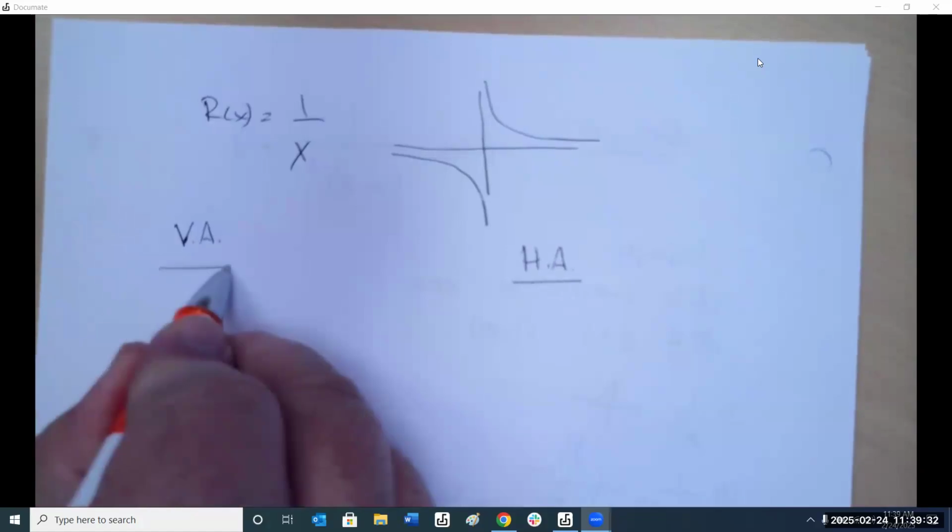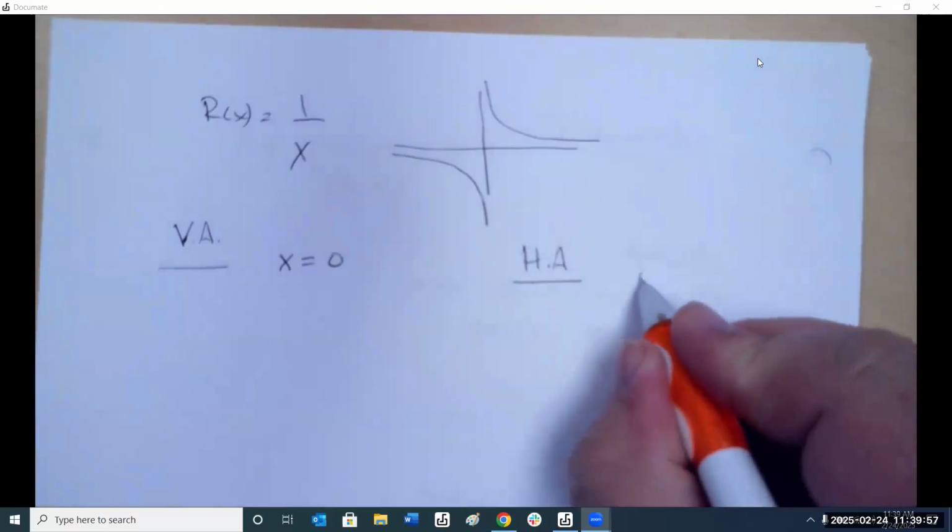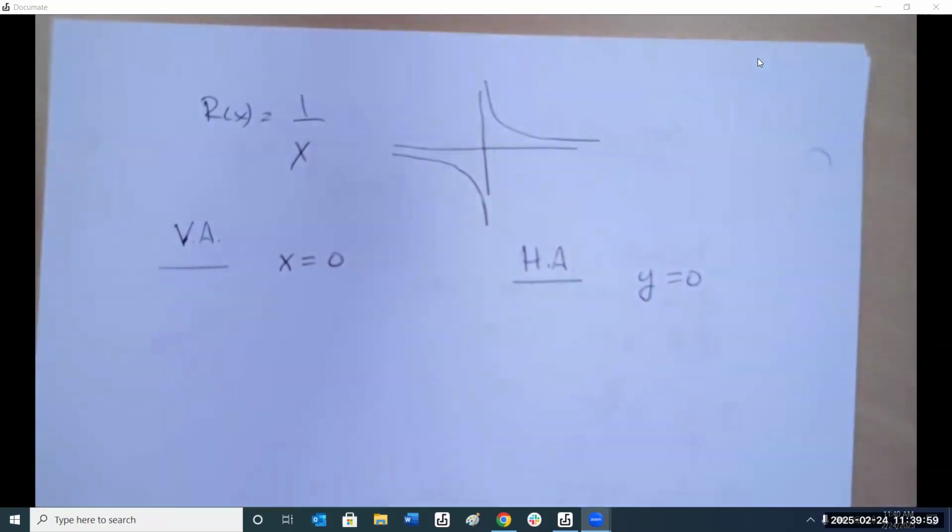What is the vertical asymptote in this equation? x equals 0 is the vertical asymptote. It's where the function's undefined. What's the horizontal asymptote? Very good. y equals 0, because it's a horizontal line crossing the y-axis.